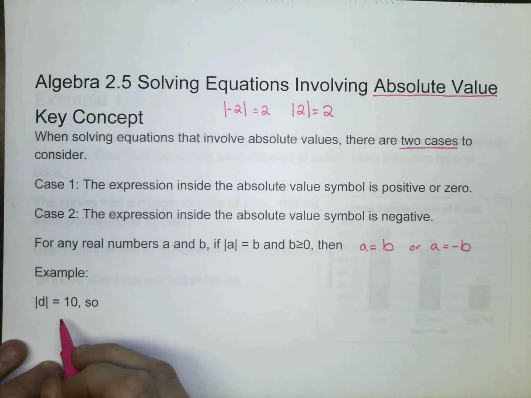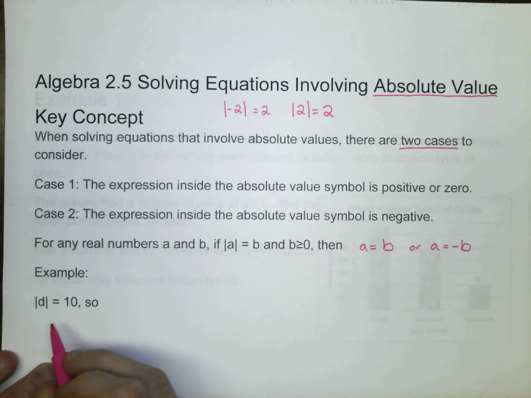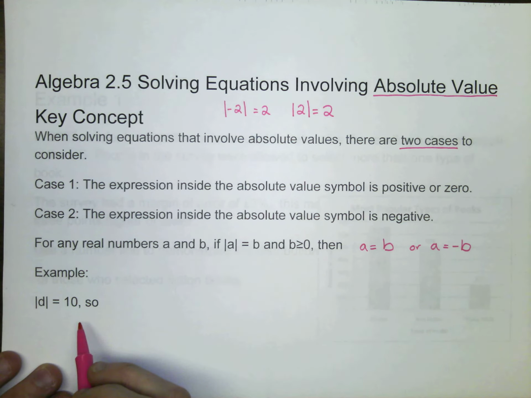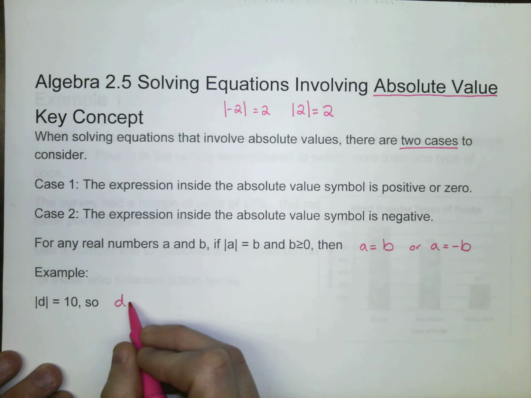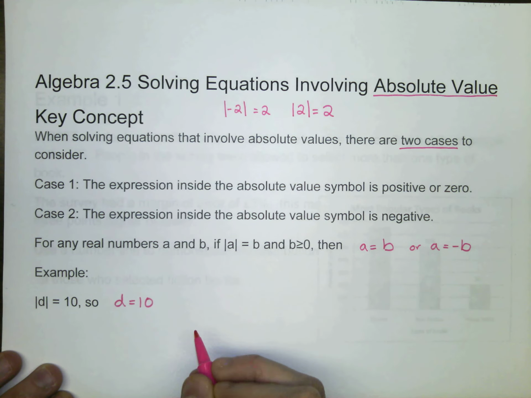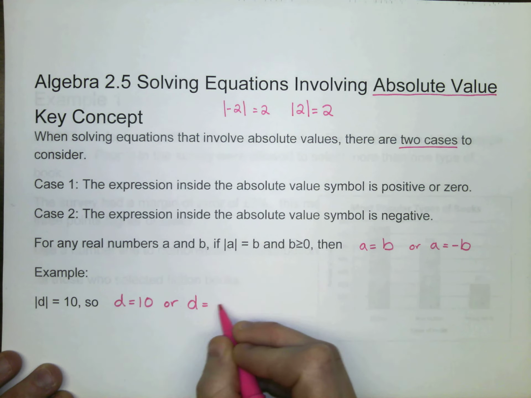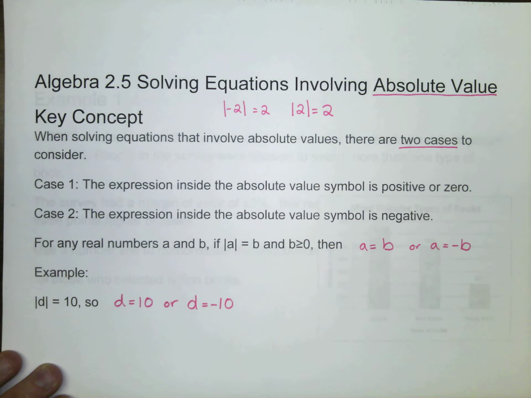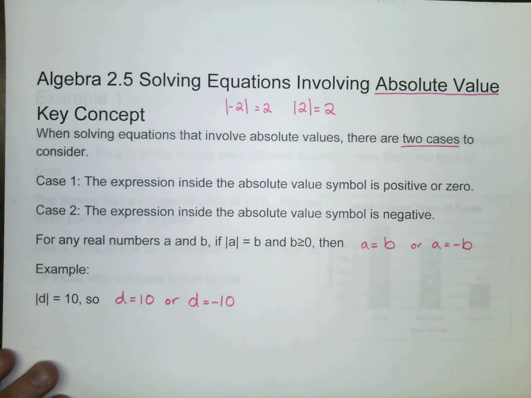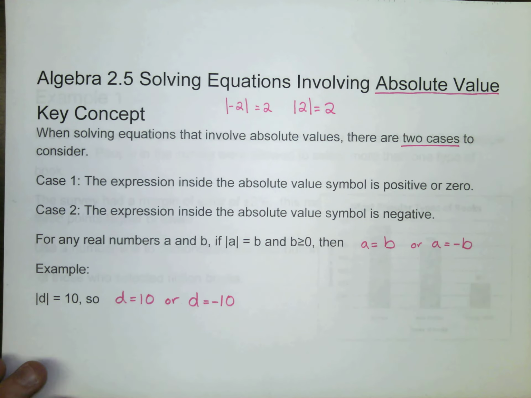I think it's a little easier with an example with numbers. If the absolute value of d equals 10, that means d could equal 10, or d could also be equivalent to -10. Either or both, depending on the situation of the problem.